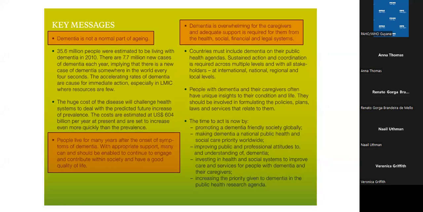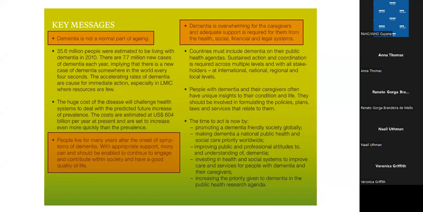Dementia is not a normal part of aging. Dementia is a disease. People live for many years after the onset of symptoms of dementia. With appropriate support, many can and should be enabled to continue to engage and contribute within society and have a good quality of life for years with dementia, at least 5-6 years after the onset of symptoms.